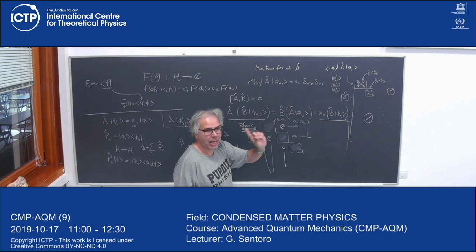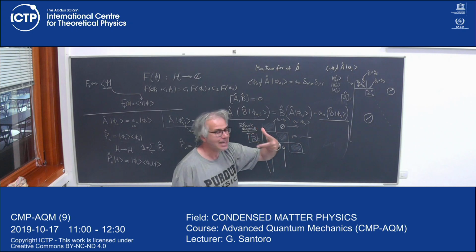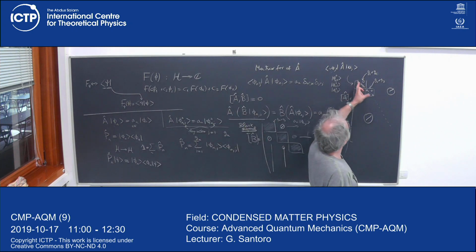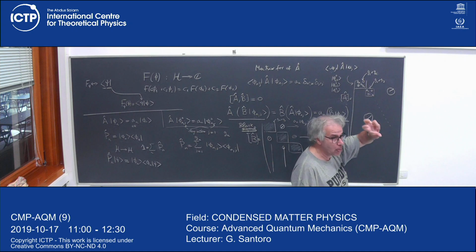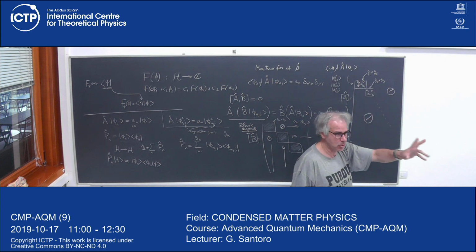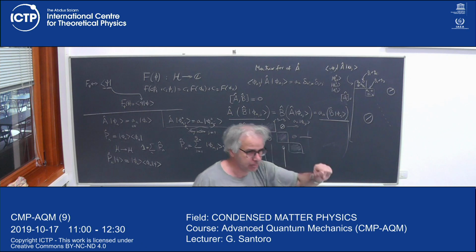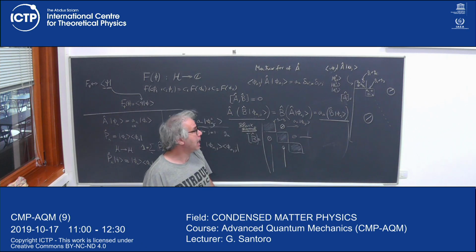And I can always do that, because this is, after all, a 3 by 3 matrix that I need to diagonalize. The elements here in the diagonal are always the same, so no matter what combination you take, the eigenvalue will be always A1. So you can change whatever mixture of the 3 vectors and it will still be A1.